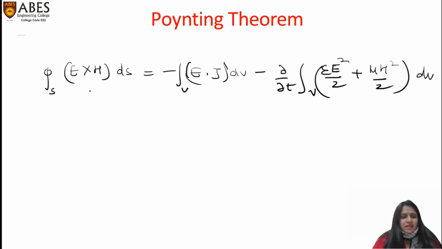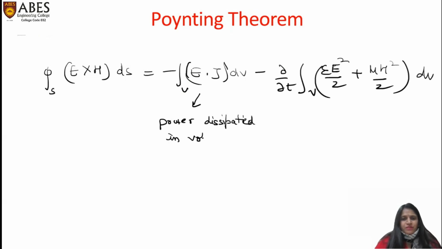See, this minus E dot J dV term is representing the power dissipated in volume, when EM waves are traveling.